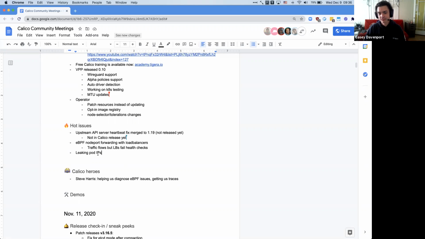So if I remember correctly, Casey wrote a sort of fsck system for IPAM that we were hoping was going to solve a lot of these problems, where we might not know what the specific issue is, but it should garbage collect things. But we actually ran into an issue with the Kubernetes API, I think. So we had it all working and then found a really subtle issue with the Kubernetes API.